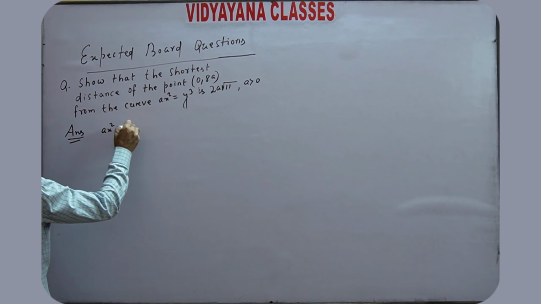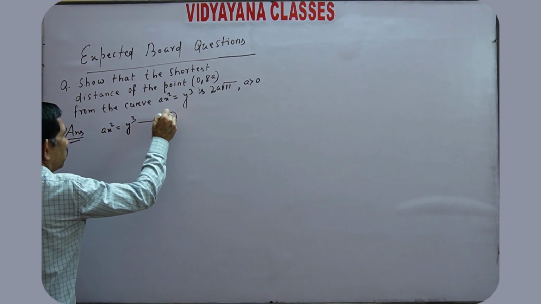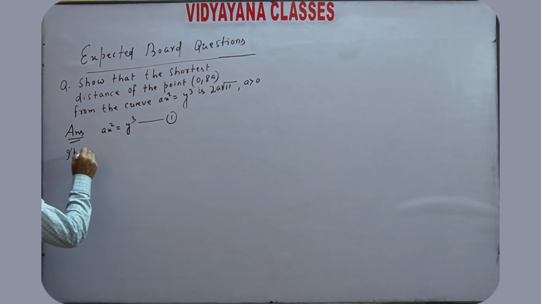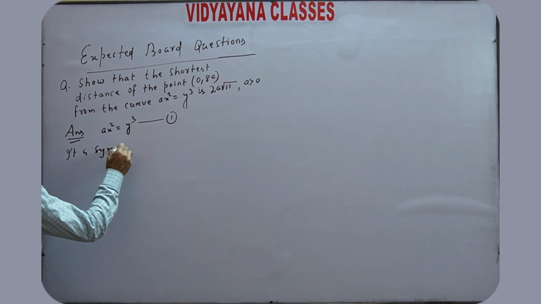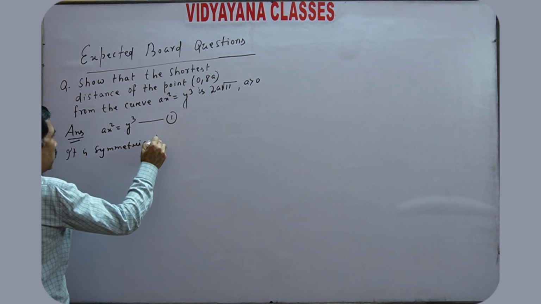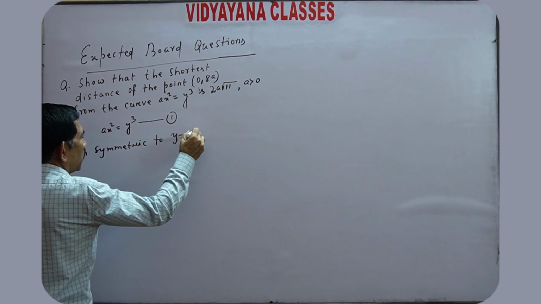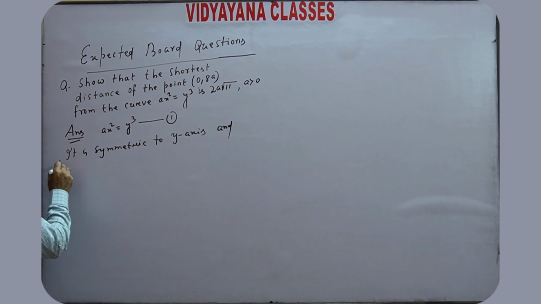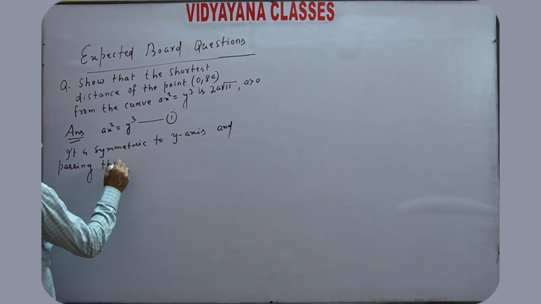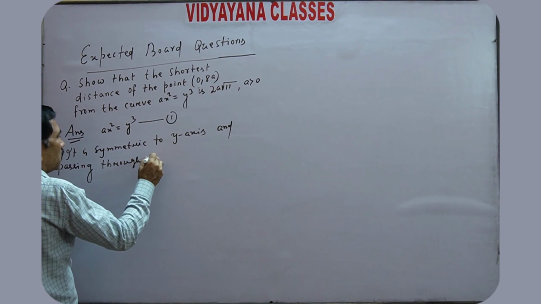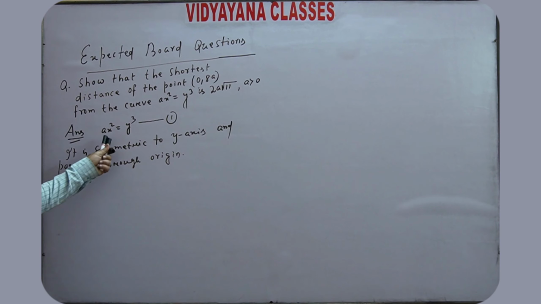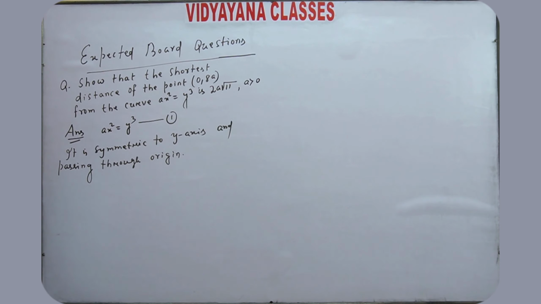x² = y³ is the given curve. It is symmetric to the y axis and passes through the origin. An even power of x is present, so it is symmetric to the y axis.